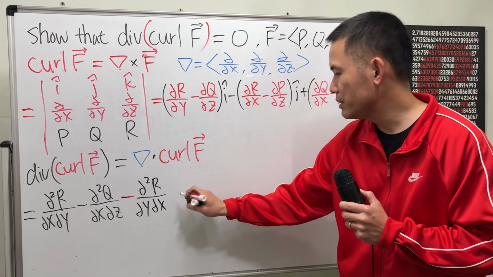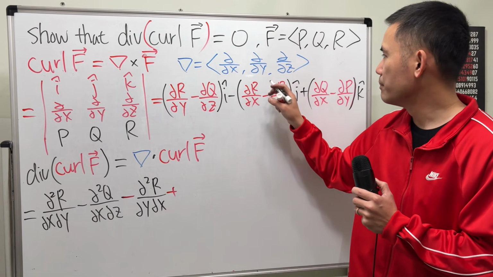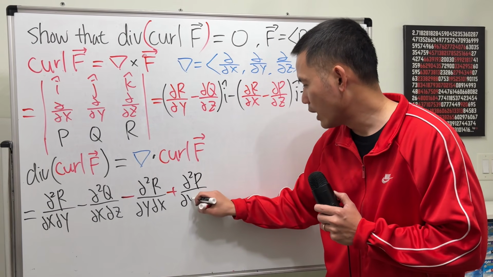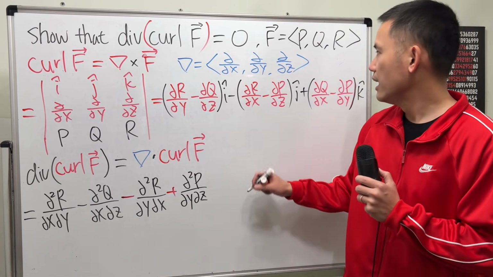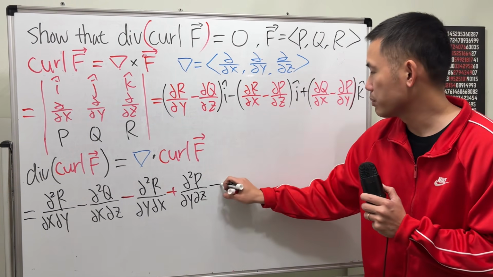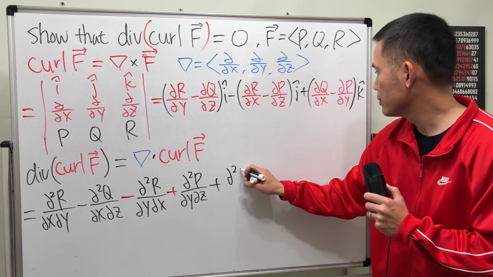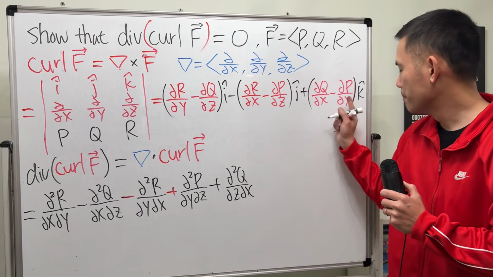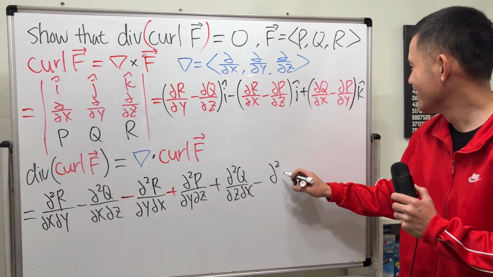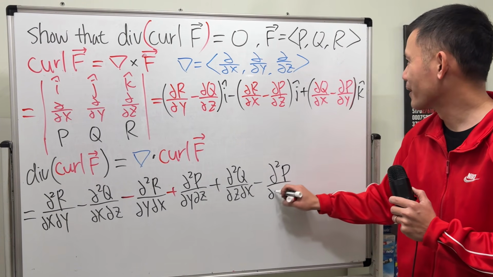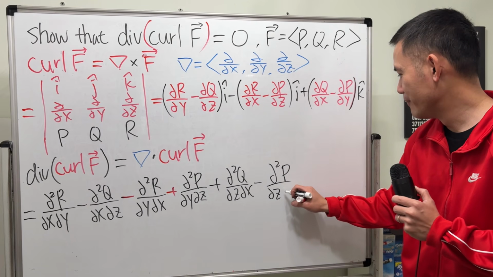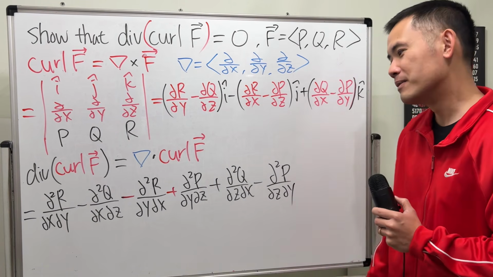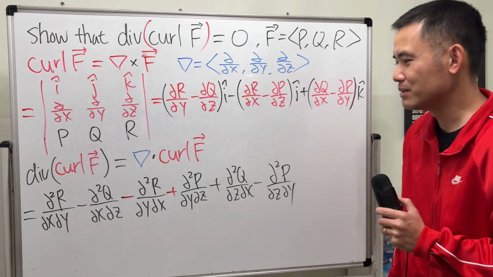Minus becomes a plus, be careful with that, and then partial y, partial z on the bottom. And then do this, so plus partial squared Q, partial z, partial x, minus partial squared P, and then another. It's a lot of fun, but just make sure you don't make any careless mistakes.